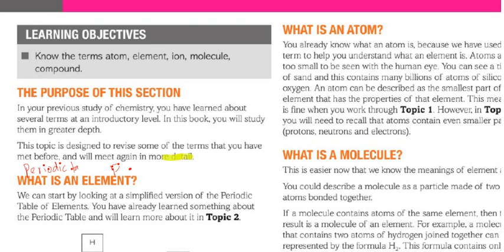There are 118 elements, and out of these 118 elements, 92 are naturally found, and the rest have been artificially prepared.